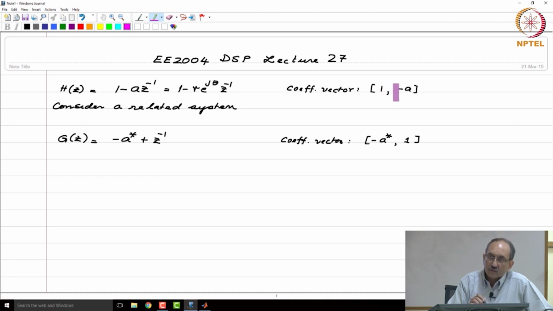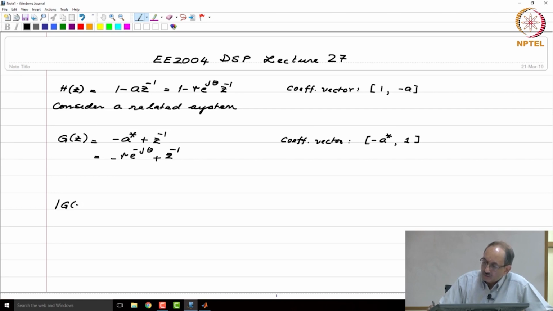So, you can think of g of z as taking the coefficient vector of h of z, complex conjugating it and time reversing it. And clearly, because if a is r e to the j theta, this is minus r e to the minus j theta plus z inverse.